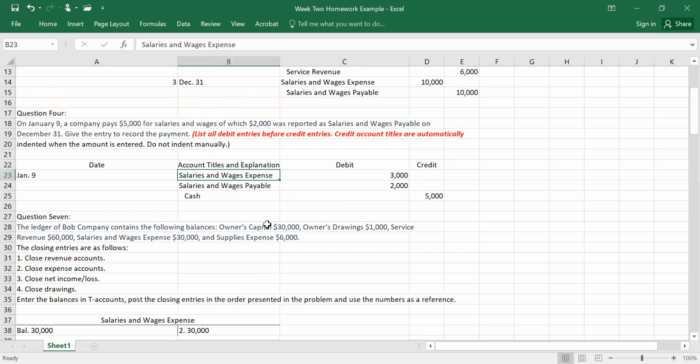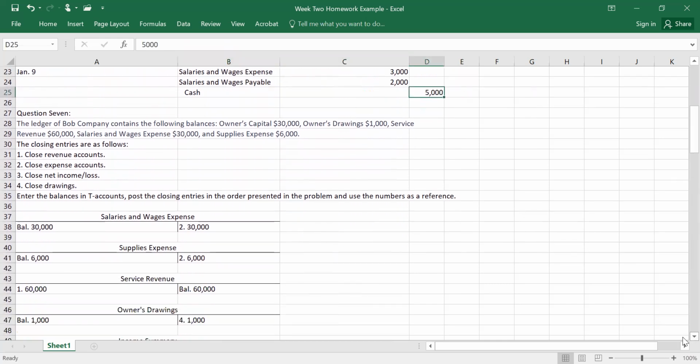So we're going to debit salary and wage expense for that $3,000. We are going to debit salary and wages payable for $2,000 because that salary and wages payable is not owed anymore. We're paying it. So to take it off the books, since it was credited originally, we need to debit it now. And then, of course, we're going to credit cash for the $5,000 we're paying.